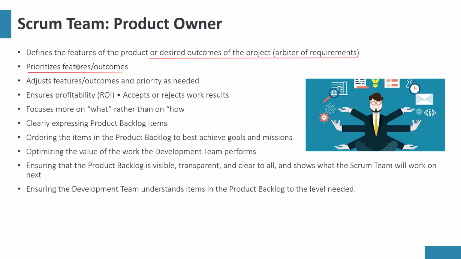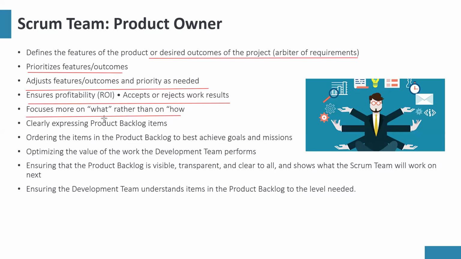They determine which features are the most important, and that starts on top of the backlog. They adjust features, outcomes and priority as needed. They ensure profitability. The product owner is a business person. They want to maximize profit from the product they're managing. They focus more on what rather than on how.